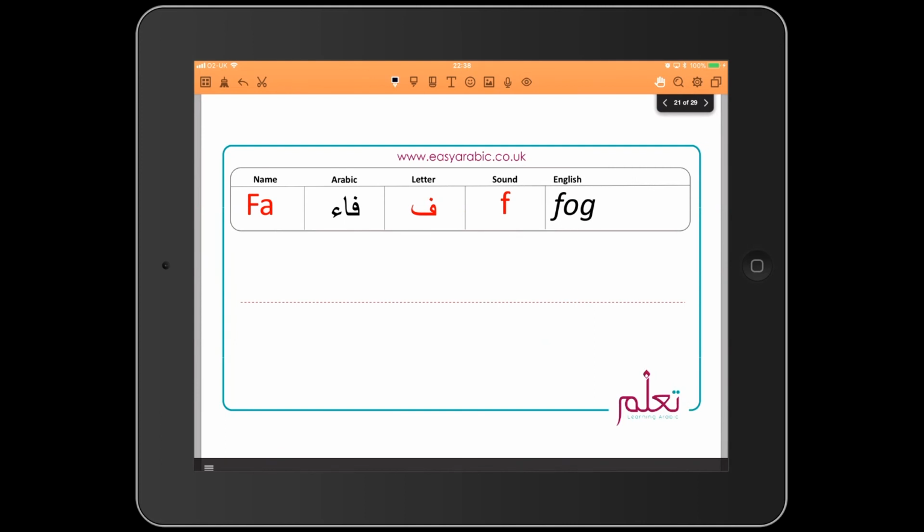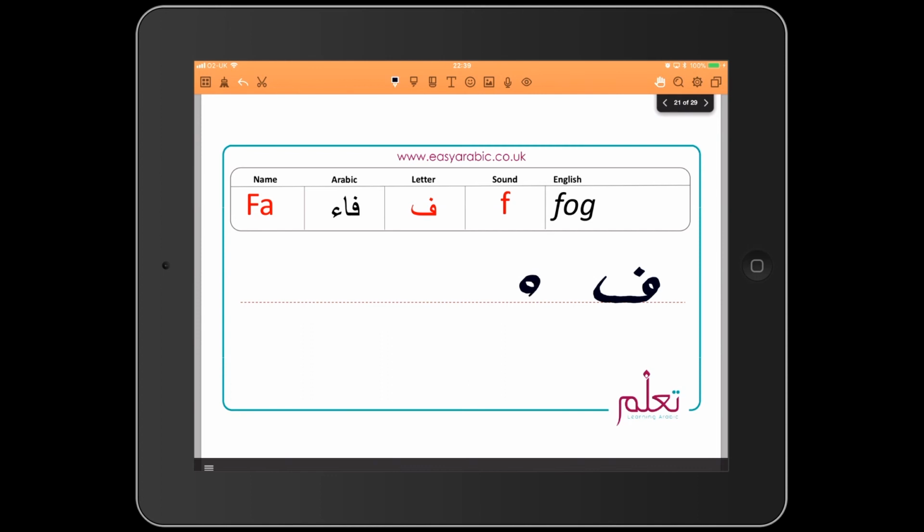Okay. The next one is the letter Fa. If you put your front top teeth onto your lip, Fa, as in fog, Fa. Okay. So writing that, it is a little semicircle like this, and then the rest sits on the line, Fa, and then the nukta. Yeah. Do it again.